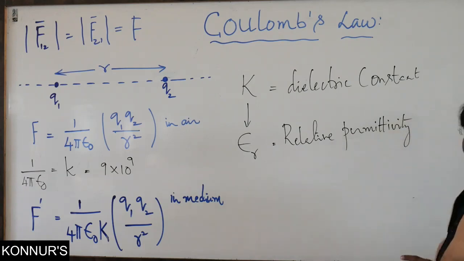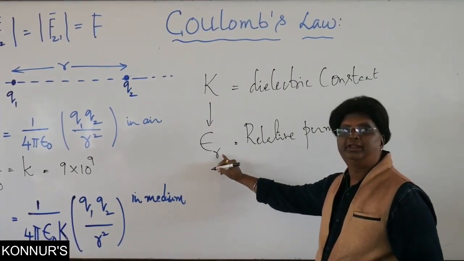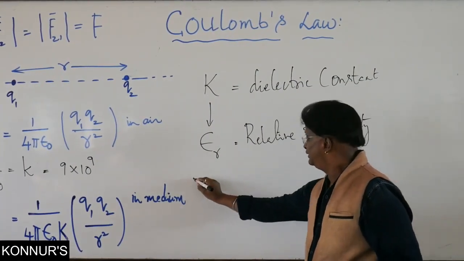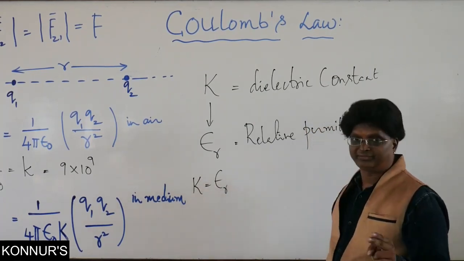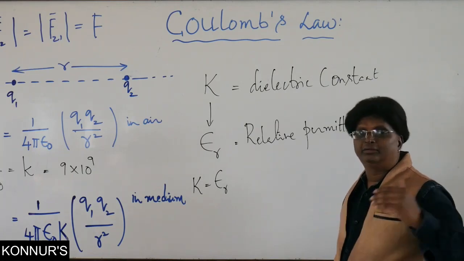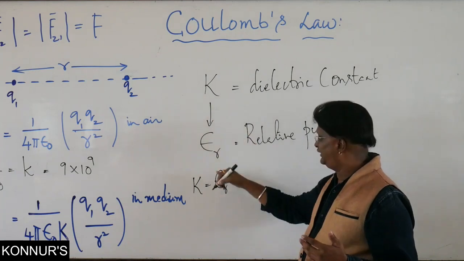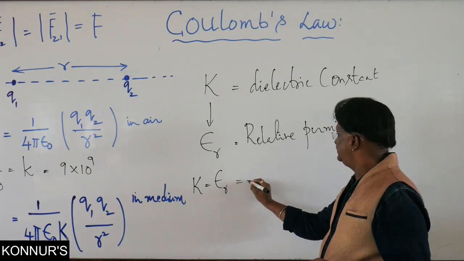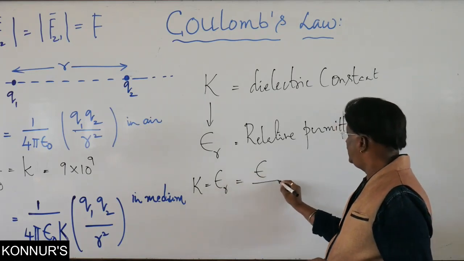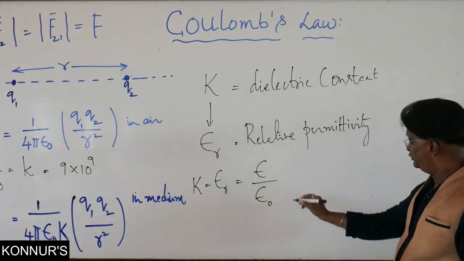Either K or epsilon R, both are the same, and in all the next topics I will make use of the symbol K rather than epsilon R. You can use whichever you choose. Epsilon R is equal to epsilon by epsilon naught.